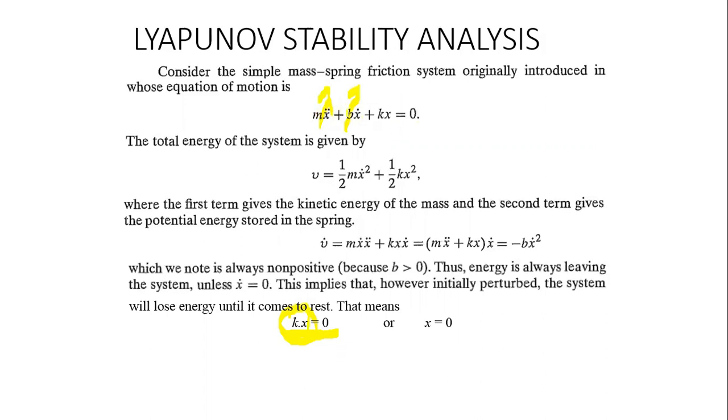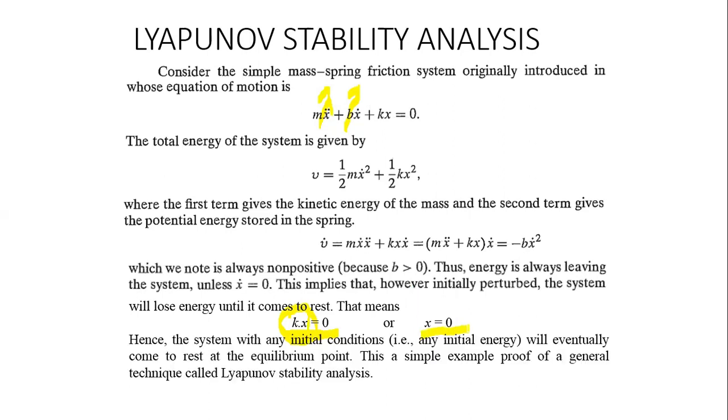So if these two terms are 0, that means kx will be 0, and as a result x is equal to 0. Hence the system with any initial conditions, that means any initial energy, will eventually come to rest at the equilibrium point.